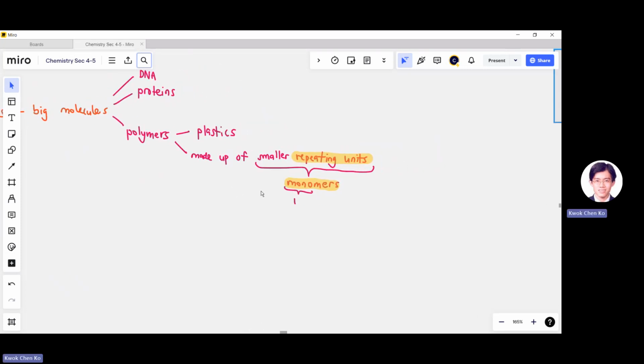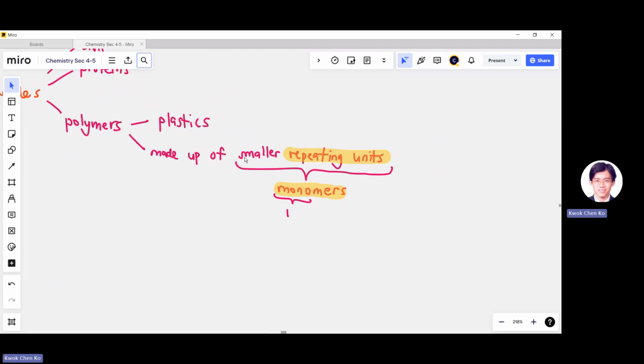Okay, let's go a bit further. For you guys, there are only two types of polymers you need to know. Let me rephrase that. For you, only one type. For you, two types.